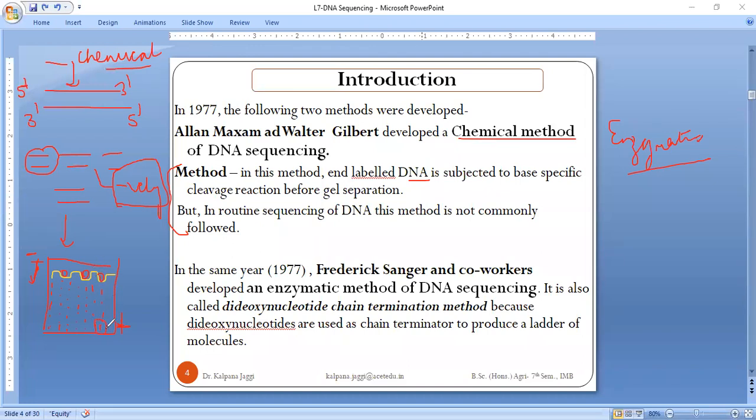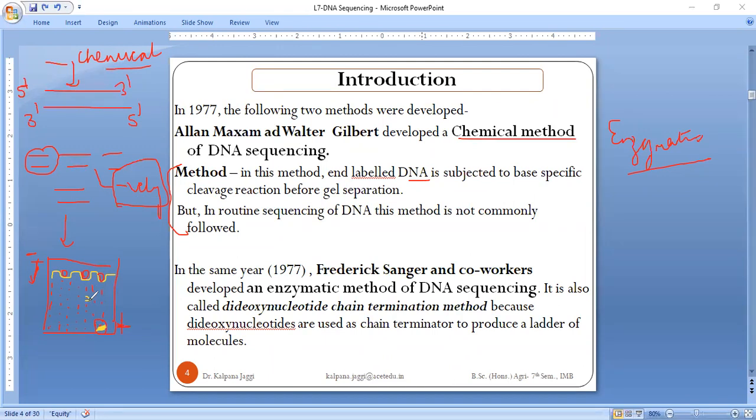But how will we come to know up to where they have reached? Actually, there is formation of a band. Say if this is very large in size, because the pores are of the same size, of course it will migrate through all the pores, but it will migrate slowly because of its heavier weight.